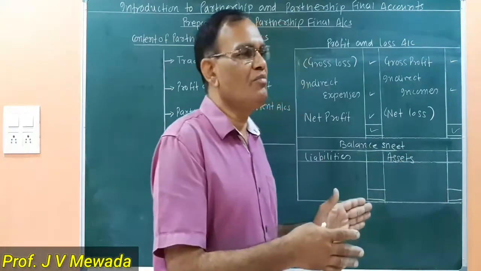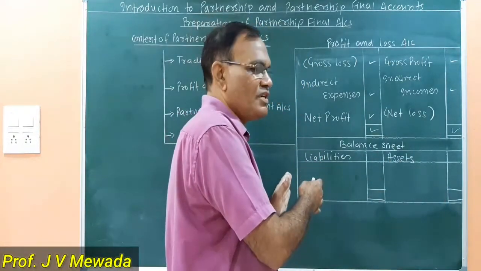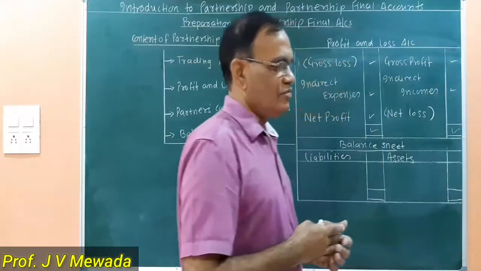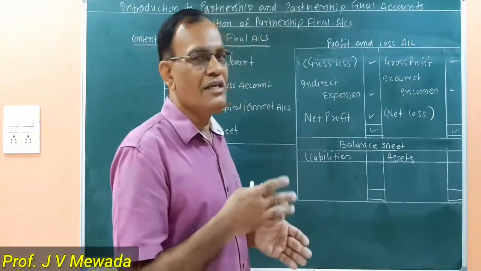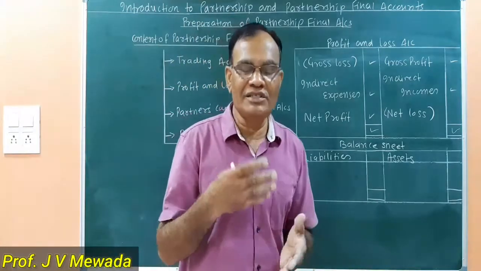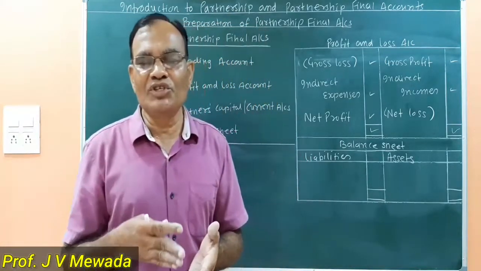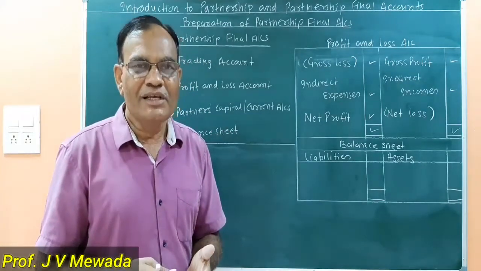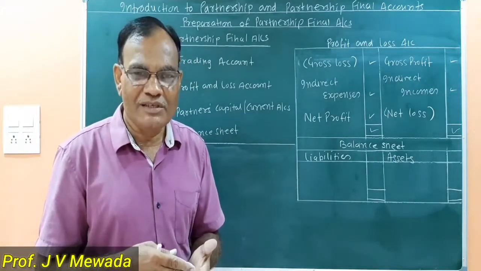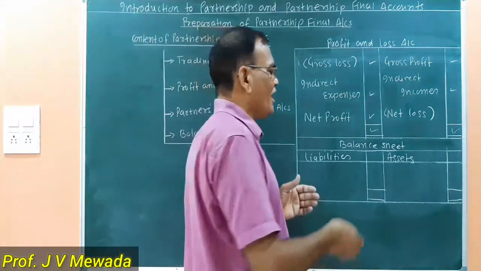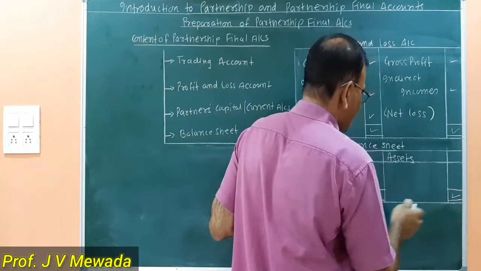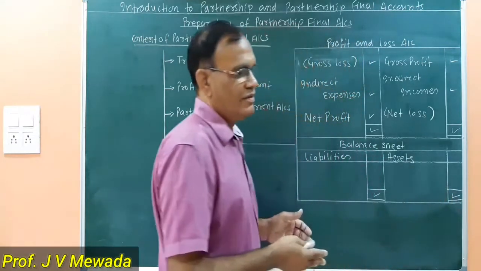There is a custom to show the liabilities first and the assets on the other side. The balance sheet shows the financial position of the business, that is, what the assets and liabilities of the business are. And at the end, the balance sheet is going to tally, that is, both sides of the balance sheet should be equal.